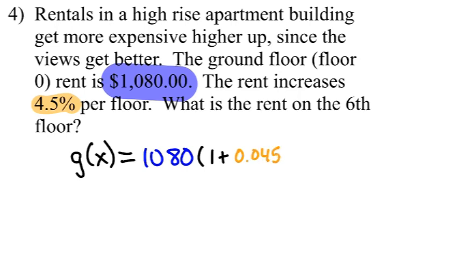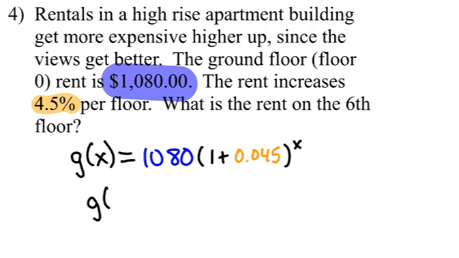Now be careful that you write that like this with a 0 here after the decimal. That's 4.5%. If it were 0.45, that would be 45%. It's a mistake I see students make quite often. X is the floor that we are interested in.